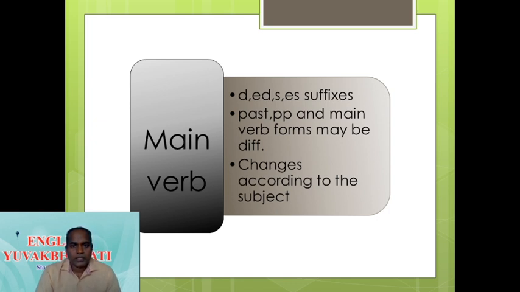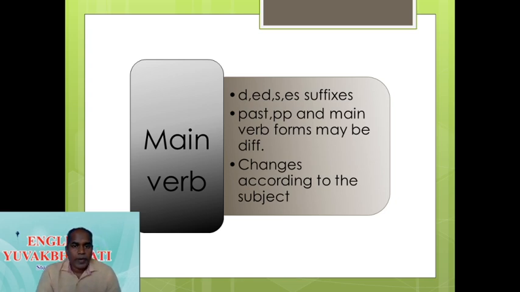If someone asks us to identify a main verb, we must understand that the main verb may have ed, d, s or es suffixes. In addition, the main verb may have past form, past participle form, and infinitive forms also.